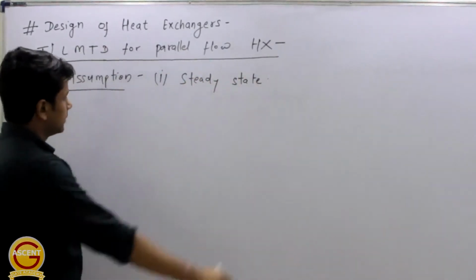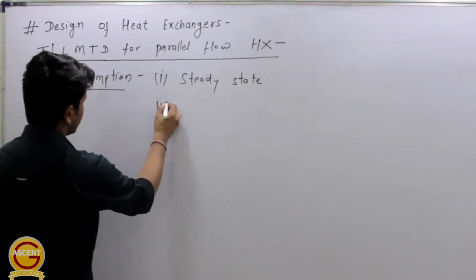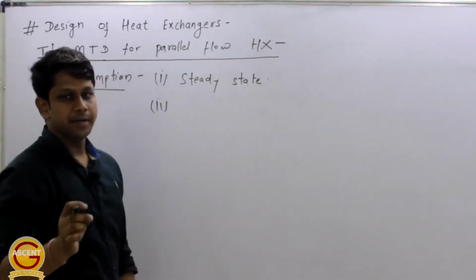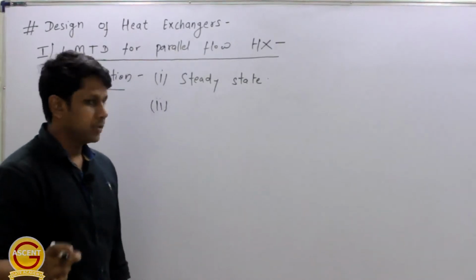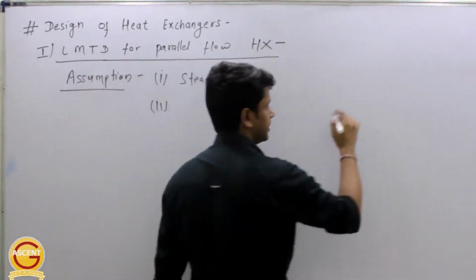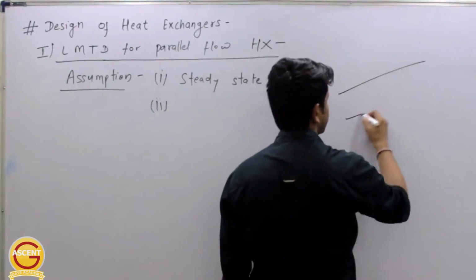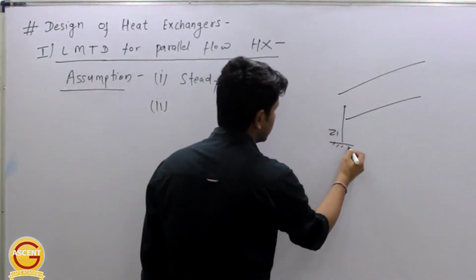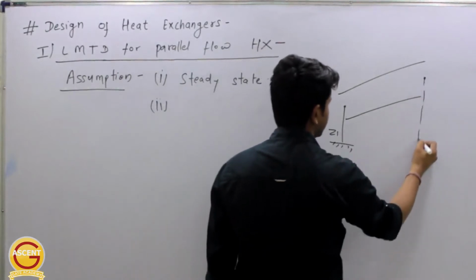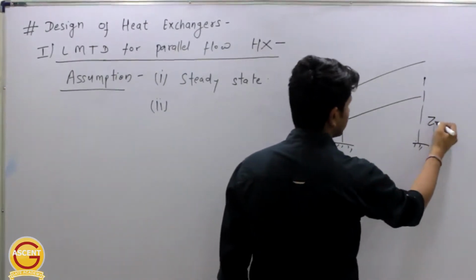Second assumption is that changes in kinetic energy and changes in potential energy are neglected, because sometimes the heat exchanger can be like this. So the elevation of the first end can be Z1 from the ground, and the elevation of the second end can be Z2 from the ground.